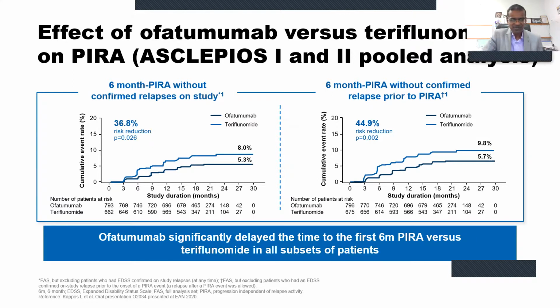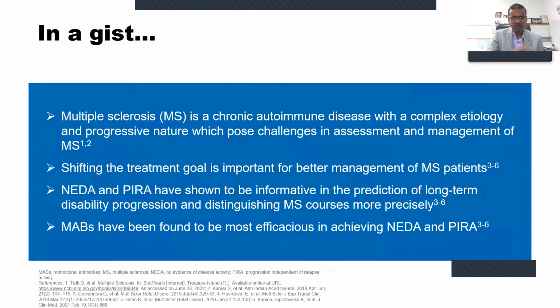In this also, 38% reduction of the risk at the end of 6 months PIRA without confirmed relapses. And prior to PIRA, it is 44.9%. So if a patient is taking teriflunomide, and we compare them with those who are taking ofatumumab, then the disease activity worsening is much lesser, significantly lesser with ofatumumab.